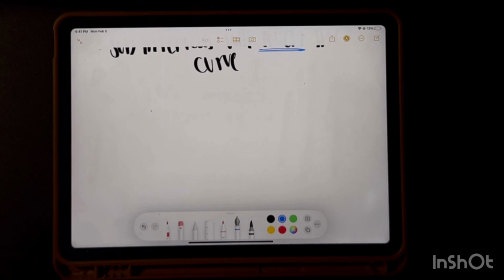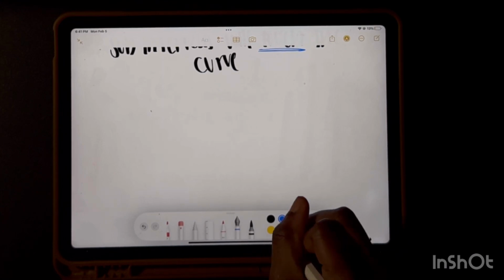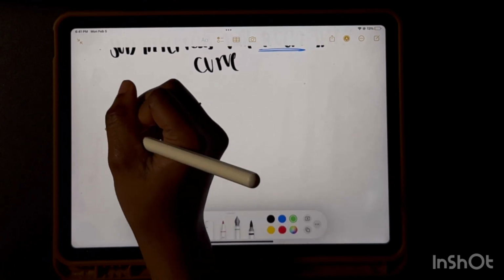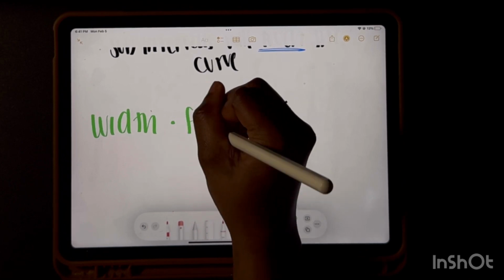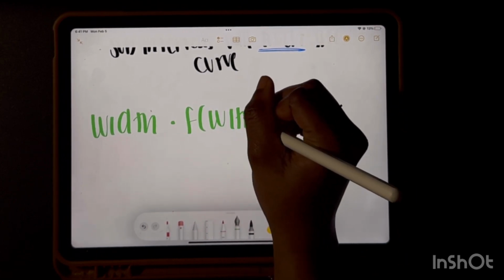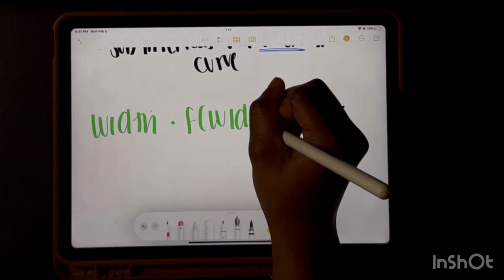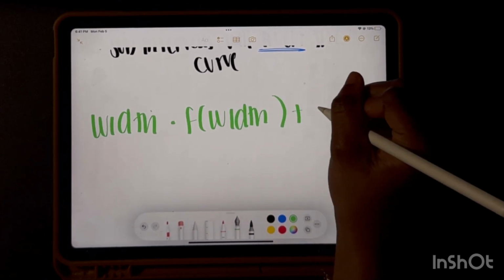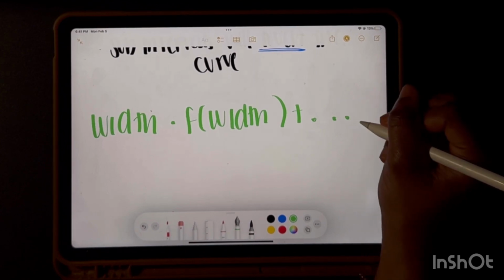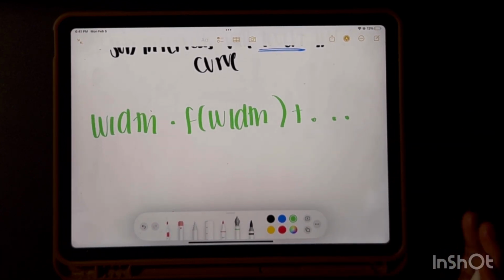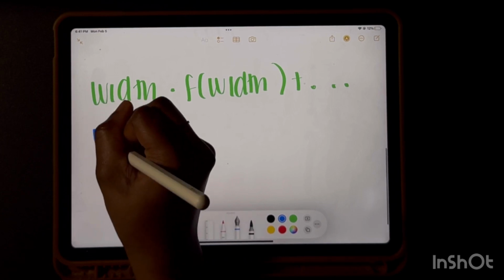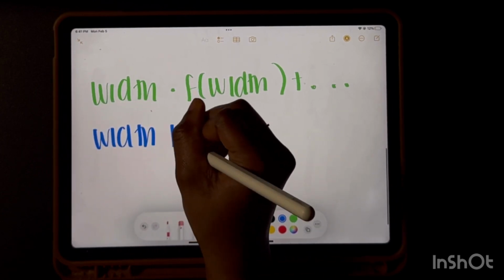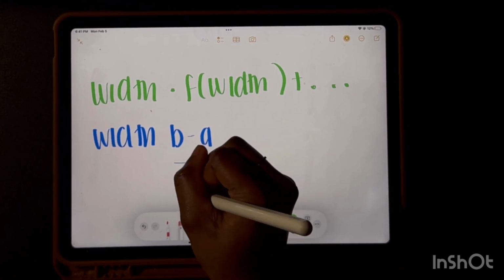So, solving using the right rectangular method, the first thing we have to know is that our formula is your width times your f of x, and then you add that up for how many subintervals you have. Now, to find the width of your function, you would do b minus a over n.